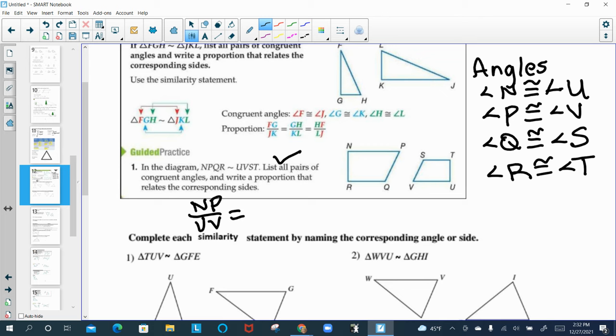Now we're going to get another pair of sides, PQ and VS. Now we're going to get a third pair of sides, QR and ST. But we are going to have a fourth pair of sides here because these are four-sided polygons. So where that's going to come from is NR. Everybody see NR and UT.